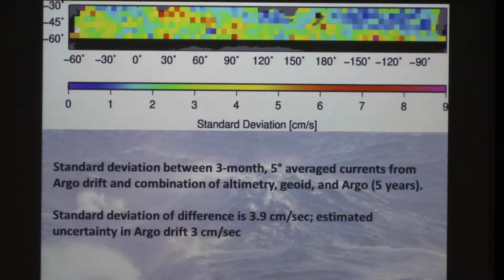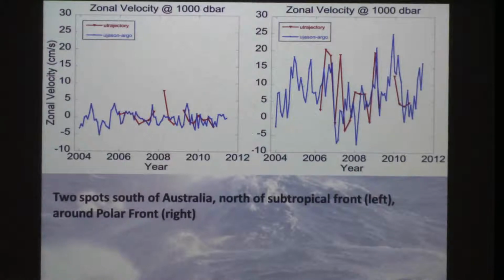And here's just a highlight of that to show a time series to emphasize something else. These trajectory measurements, based on the drift of the Argo, you only have a few samples over this time period. Whereas the method that we use, based on the gridded altimetry and the gridded temperature, salinity, density fields from Argo, we can get an estimate almost every month.